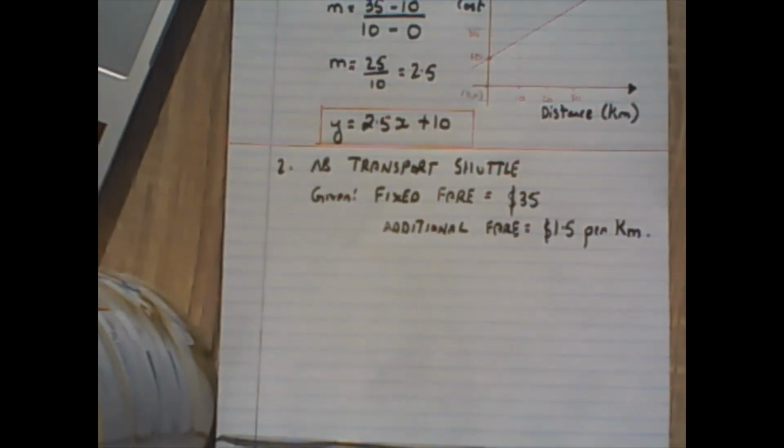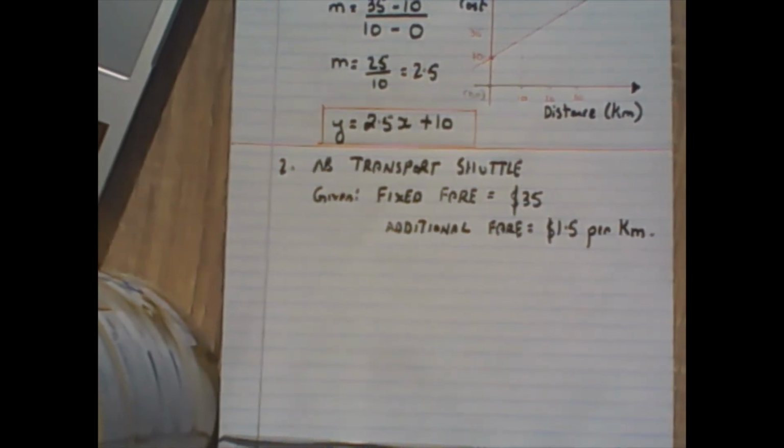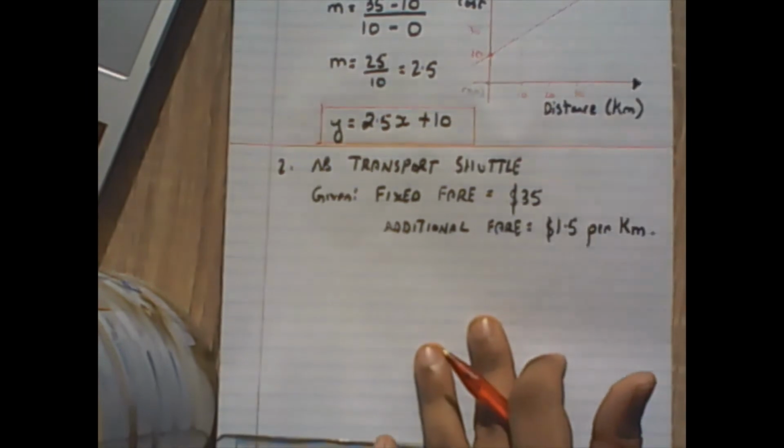All right. So now let's take a look at the second model. There's another offer from AB Transport, which is called Shuttle. Basically, in this, he's offering you a fixed cost of $35. Regardless of whether you're going to go 10 kilometers or 100 kilometers, you need to pay him this $35 upfront. And he's going to give you an additional charge of $1.5 for every kilometer that you travel.